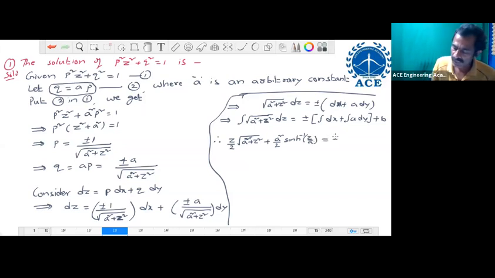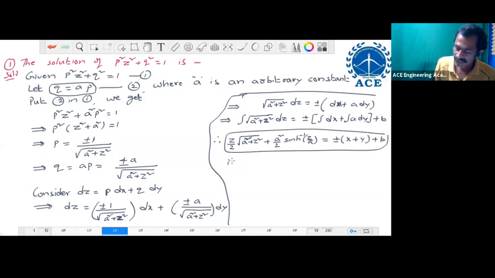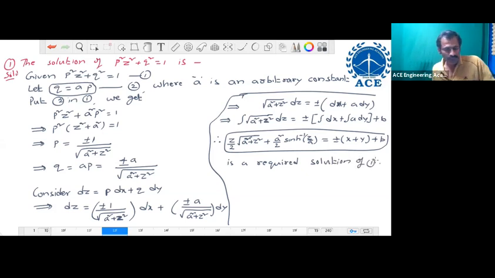This is equal to plus or minus, integral of 1 with respect to x is x, plus integral of a with respect to y is ay, plus b. This is a required solution of 1. It is a method.